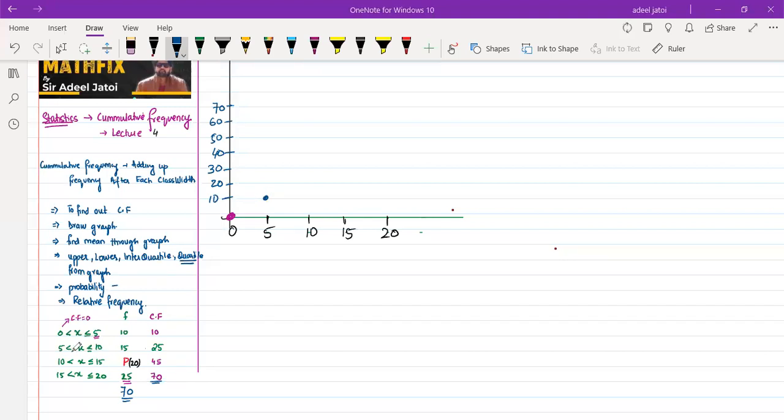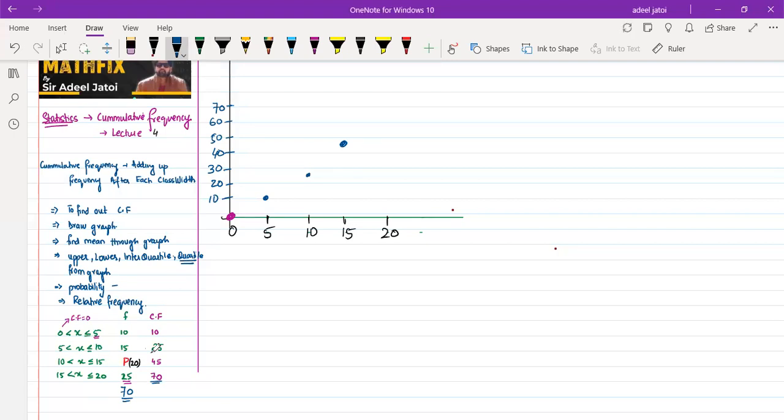Then your grid ends at 10. At 10, your cumulative frequency is 25, so it will be in the middle between 20 and 30. For the next, at 15, your cumulative frequency is 45, so we mark 45.